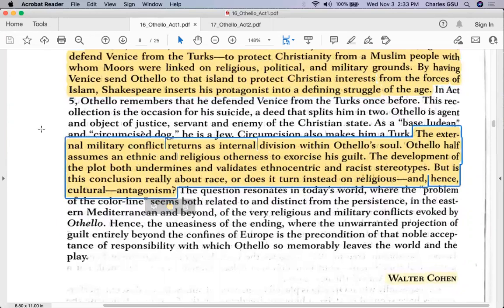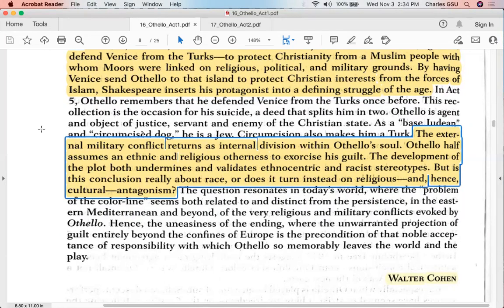And then finally, Cohen says the external military conflict returns an internal division within Othello's soul. Othello half assumes an ethnic and religious otherness to exorcise his guilt, to get rid of his guilt. The development of the plot both undermines and validates ethnocentric and racist stereotypes.